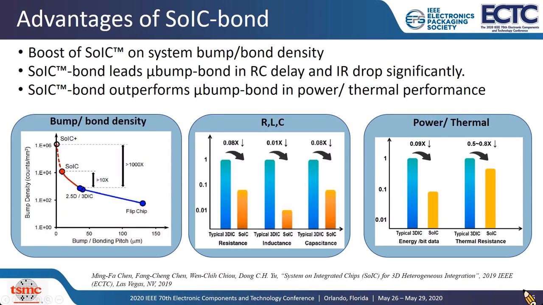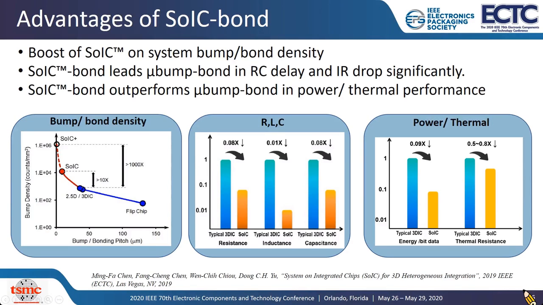In the middle figure, to ensure the high quality of signal integrity and power integrity, the interconnect wiring parasitics of resistance, inductance, and capacitance were analyzed and compared. It shows SOIC bond has smaller R, L, and C compared to the typical 3D IC bump.